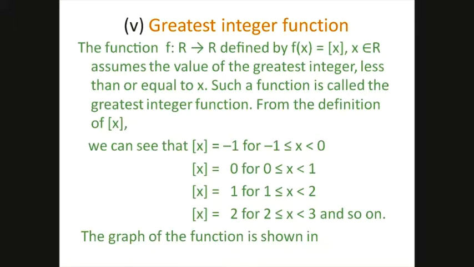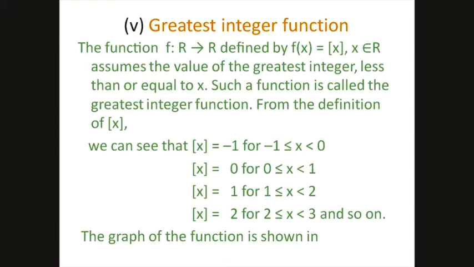Next is the greatest integer function, very very important function. You can write it as GIF, and we denote it by a square bracket. It takes the value of the greatest integer less than or equal to x. Such a function is called the greatest integer function. By the definition, we can see that [x], the greatest integer of x, is equal to -1 when x lies in between -1 to 0.